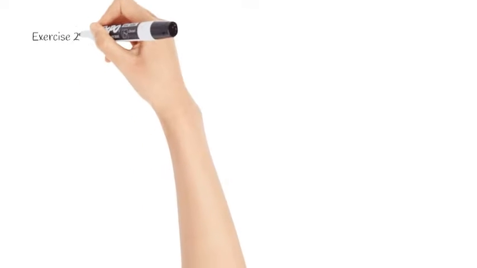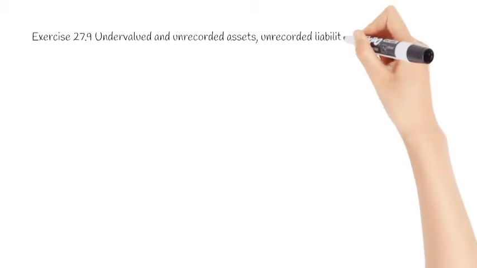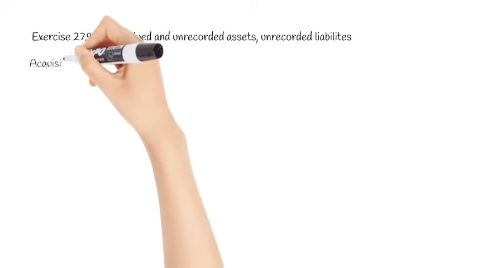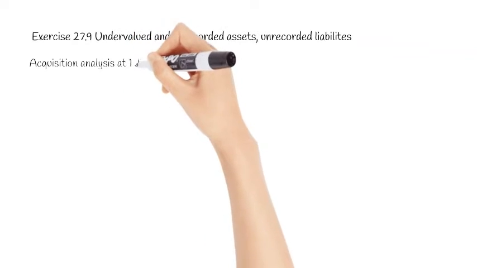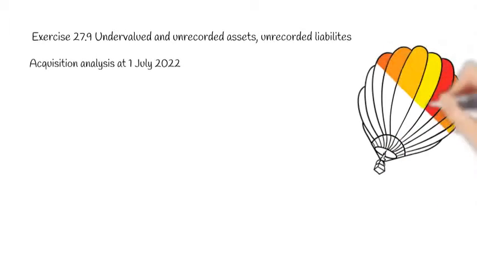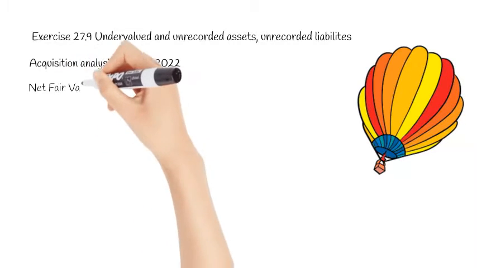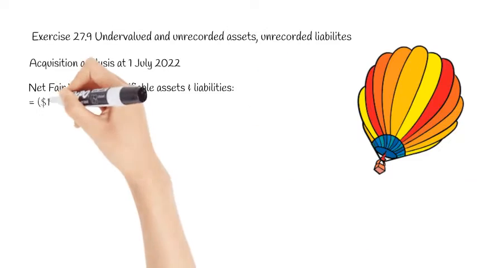I'm going to work through exercise 27.9 to show you how we prepare acquisition analysis as well as consolidation worksheet entries. The date of acquisition was 1st of July 2022. First, we need to show the net fair value of identifiable assets and liabilities, where we have equity minus the goodwill because goodwill has been recorded.